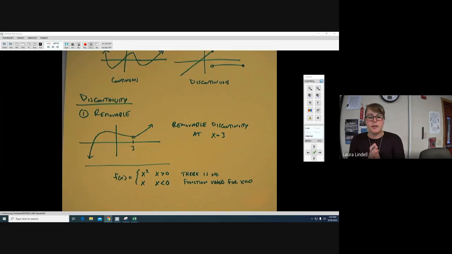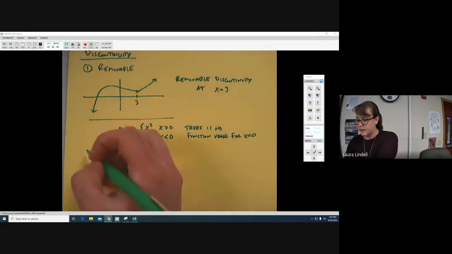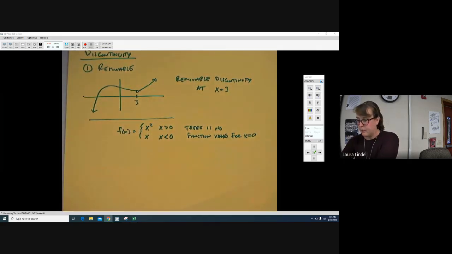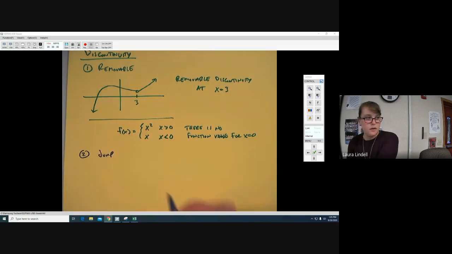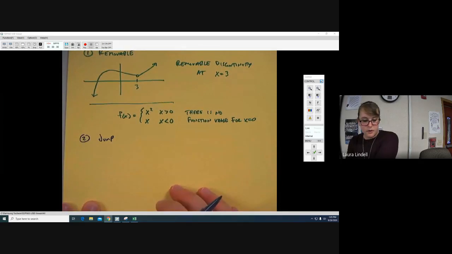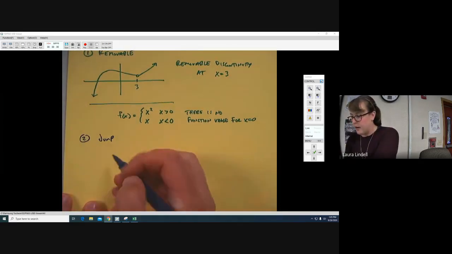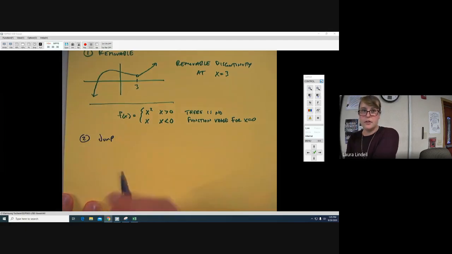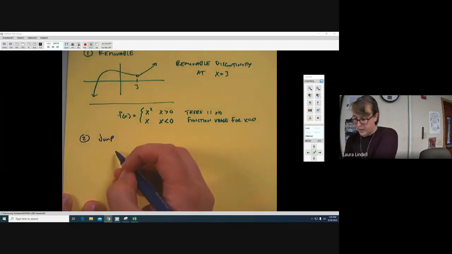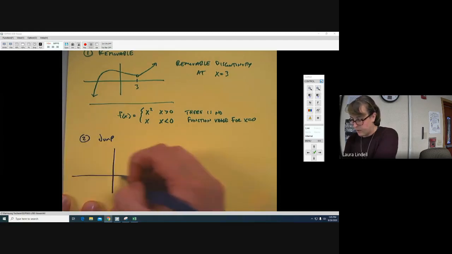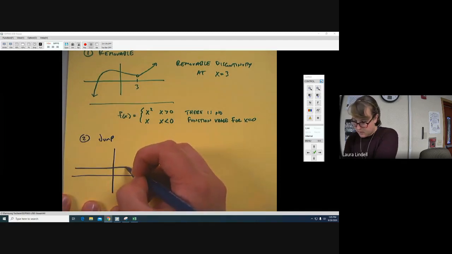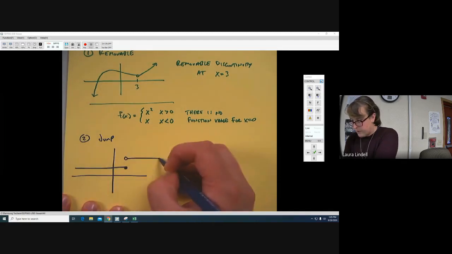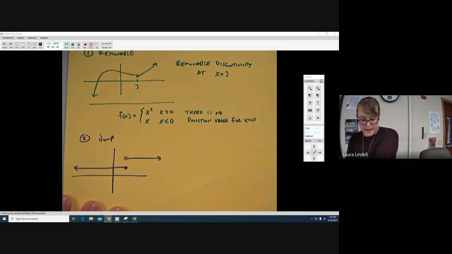The next one is one that we'll see a lot, especially with piecewise functions, called a jump discontinuity. And we'll switch colors for fun. Okay. So a jump discontinuity is when you would have to jump from one point in the function to the next, where you'd have to pick up your pencil to do so. So it could look something like that.